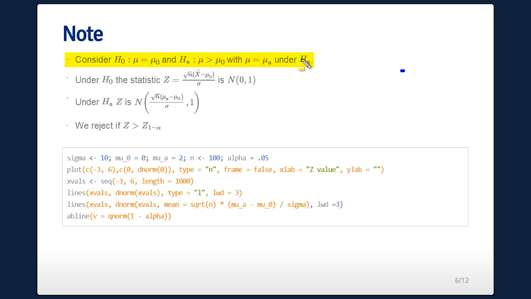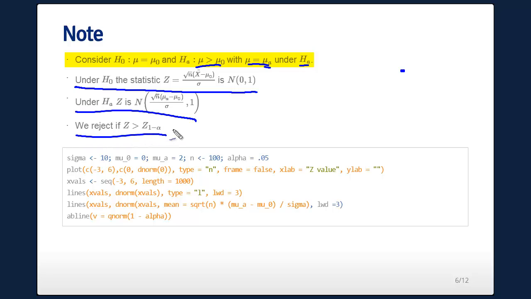So just remember, this is the directional hypothesis. We're looking at mu greater than mu naught, and that mu is specified as mu A under HA. Under H naught that statistic is normal 0, 1, and under HA, we just calculated it, it's that quantity, and we're going to reject if Z is bigger than Z 1 minus alpha.